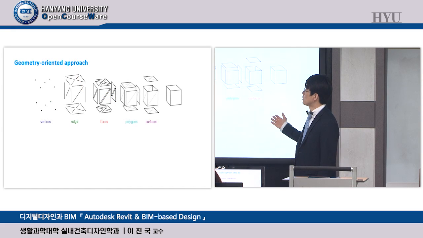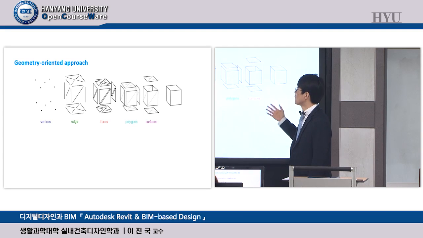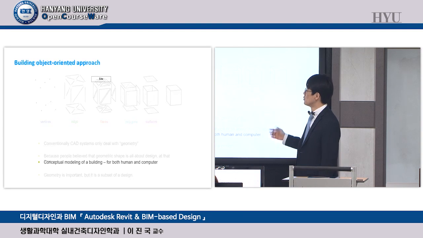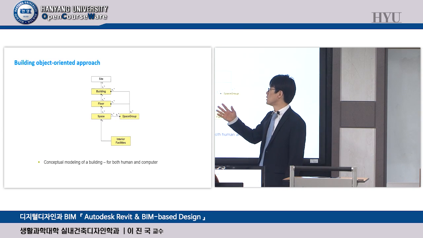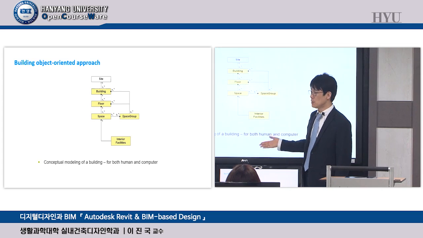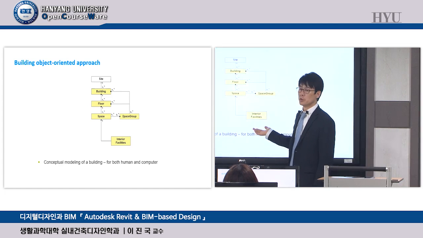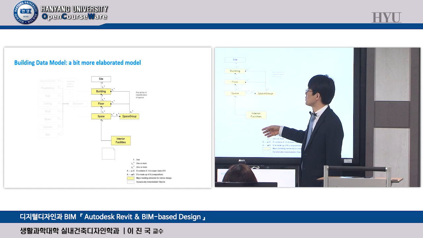Take a look: the geometry-oriented approach uses vertex, edge, face, polygon, surface. But in BIM tools, we approach building design using a hierarchical structure, the same as designers and architects do: site, building, floor, space, space group, and structure, okay?